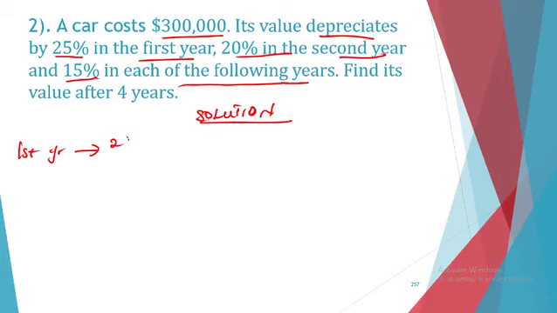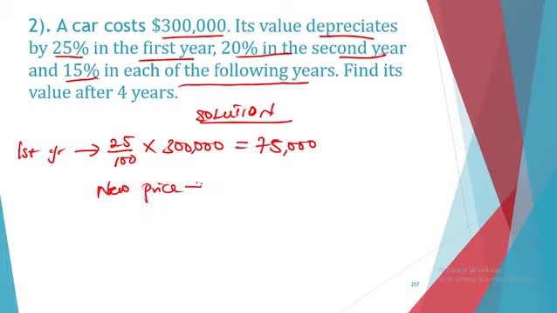So we have 25 over 100 times what? 300,000. And 25% of 300,000 is 75,000. So our new price or new value is equal to 300,000 minus 75,000, and that will give us 225,000.